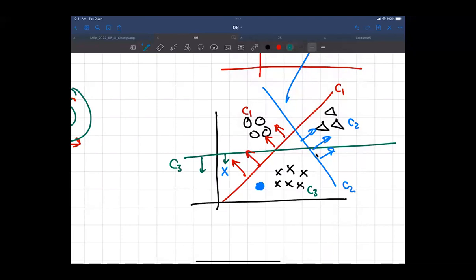Well, we solve this from the probability. In some cases it is also the distance to the line. You find the closest distance, for example. Or if you have a predictive distribution, you can look at the probability. This one has a higher probability. Okay, so that's how you solve multi-class labels.